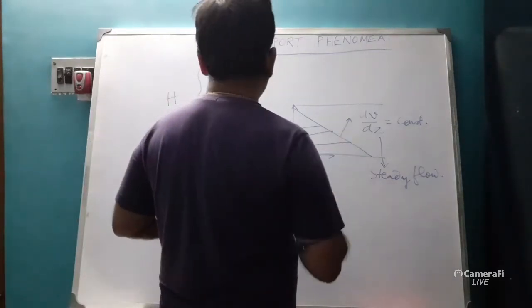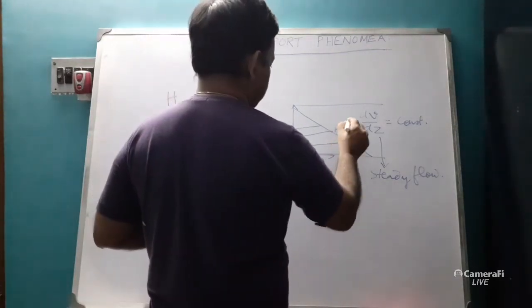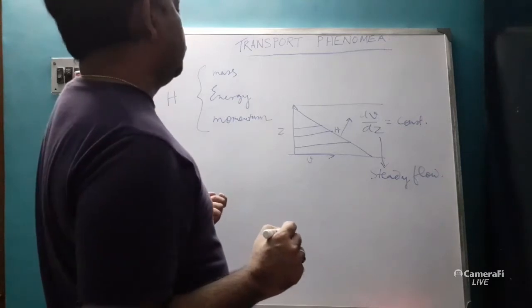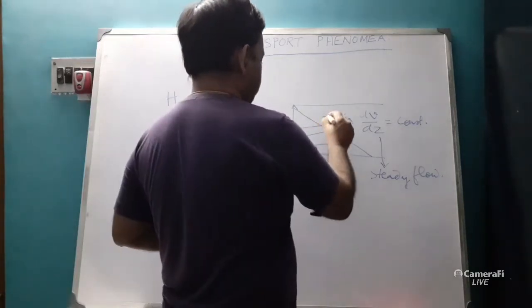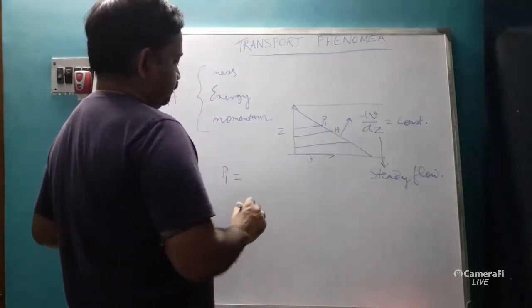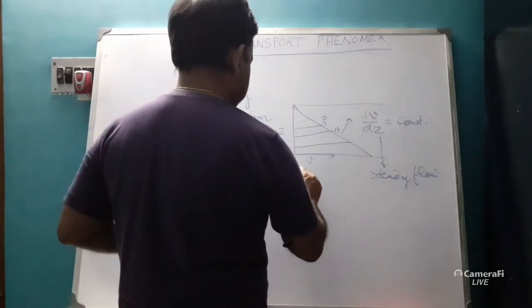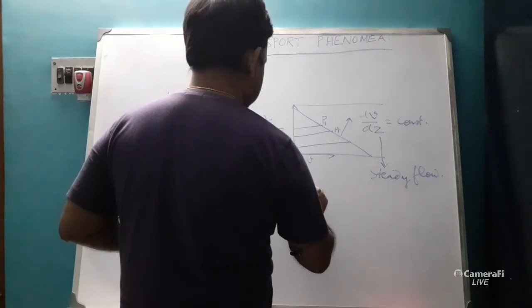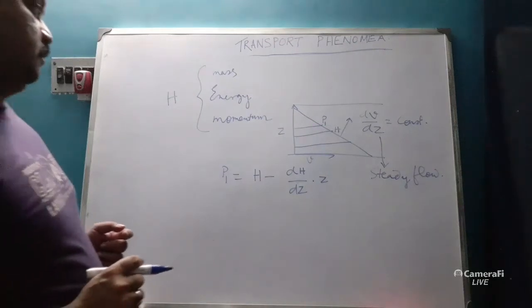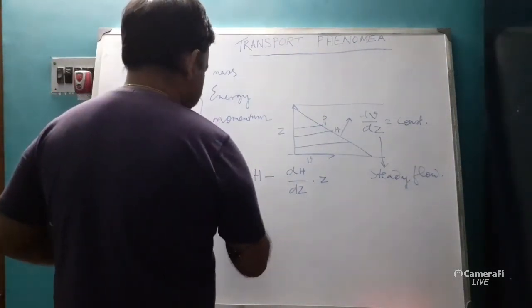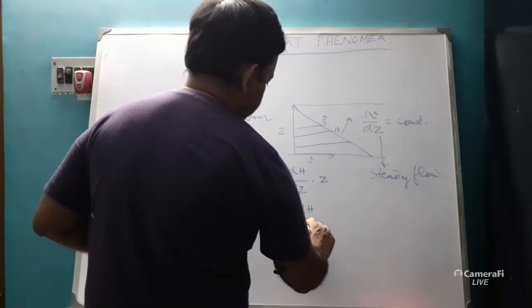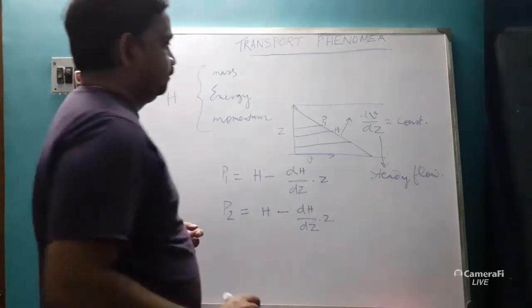For example, if our physical quantity under consideration is h over here, then the effective quantity of h at this point P1 would be h minus dh by dz, z, and at P2 we will have h minus dh by dz into z.